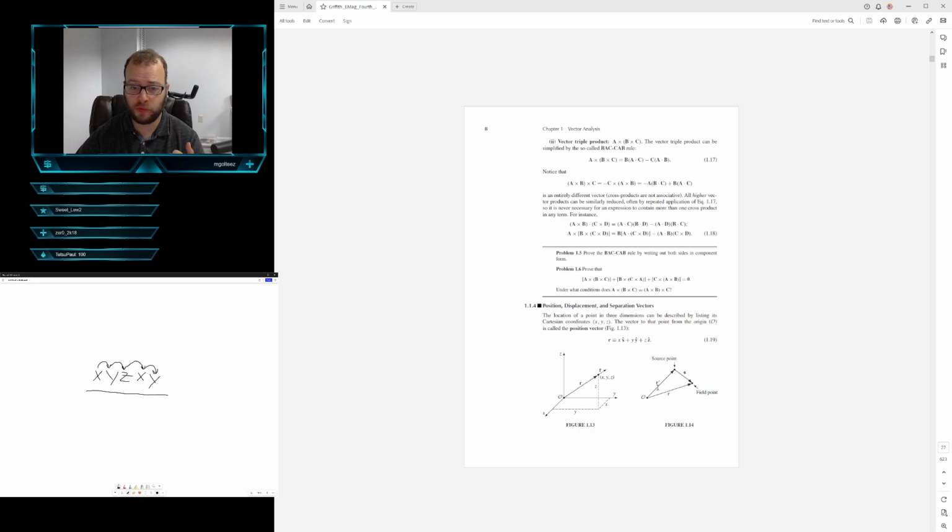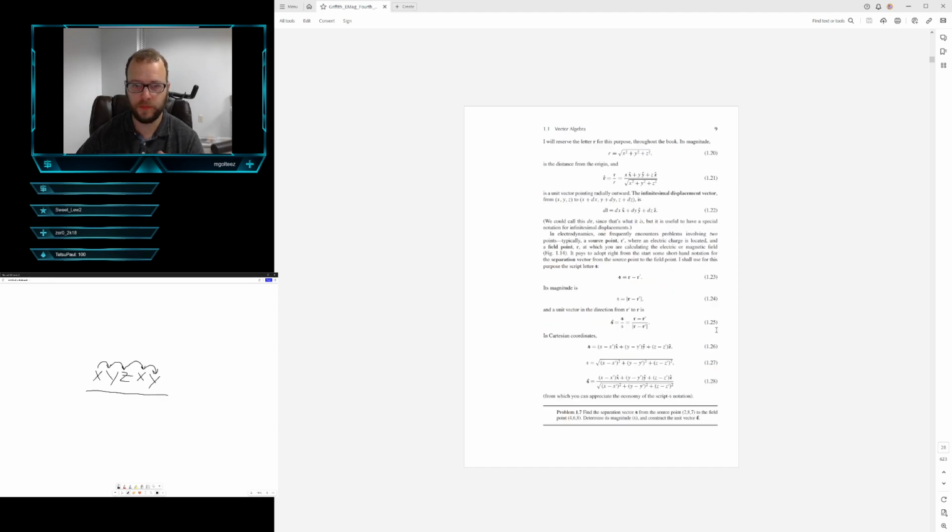We have r prime, which goes from the origin to the source, r, which goes from the origin to the field, and then cursive r, which is just the source to the field point. So cursive r is just the difference between r and r prime.